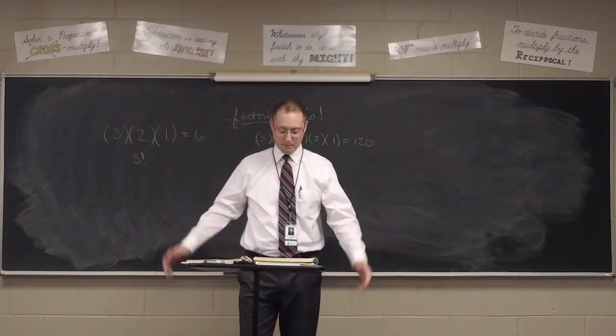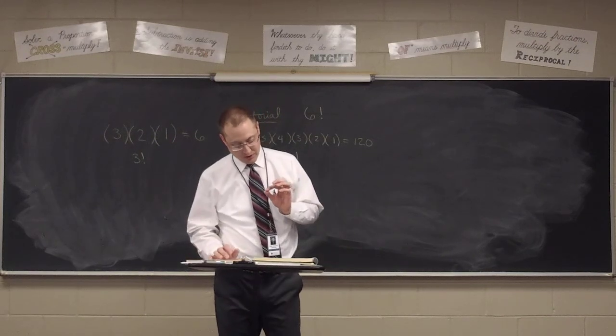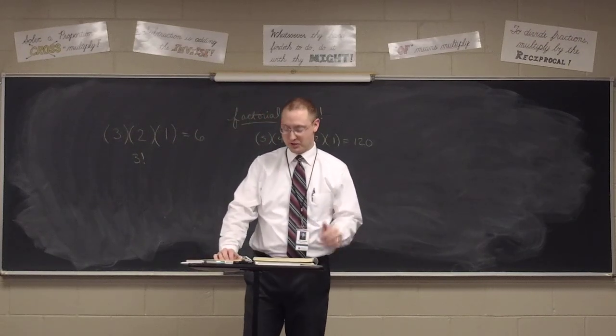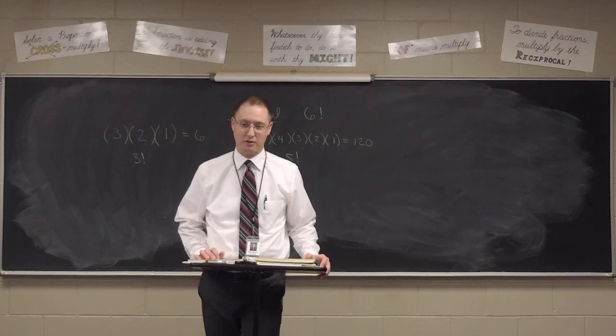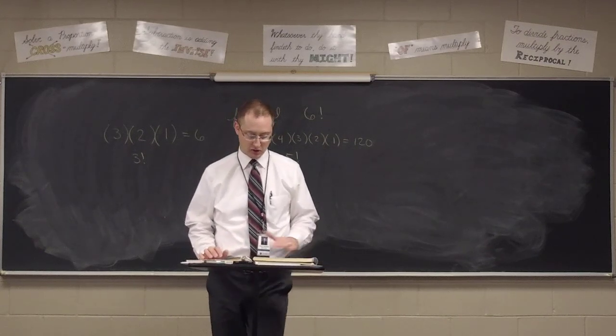Make sense? All right. Now I want you to find the value of the factorials in numbers 6 through 8. Actually find the value of the factorials in 6 through 8.